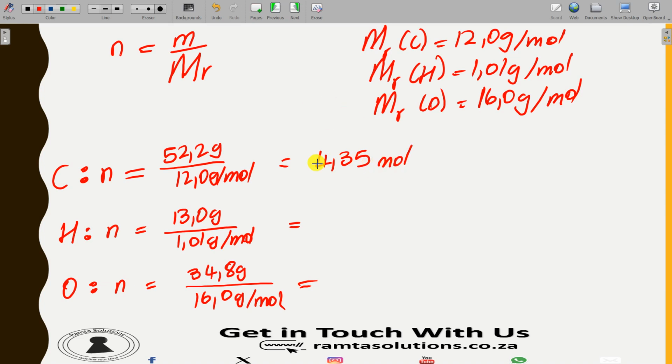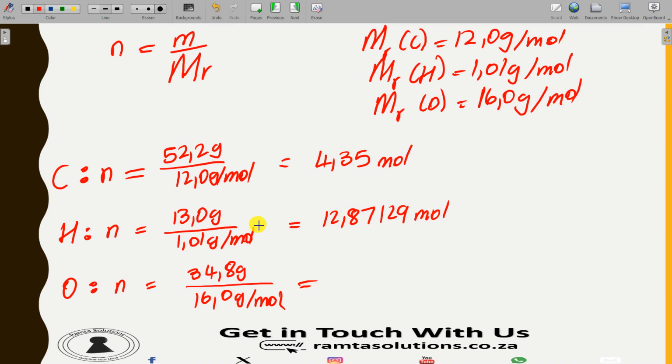Now, 13 divided by 1.01 gives us 12.8712, I'm going to write it to 5 decimal places, 12.87129. It's not going to affect our final answer.